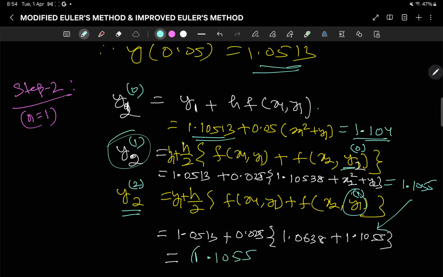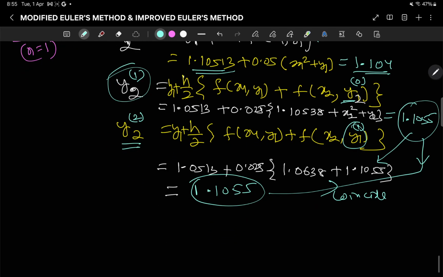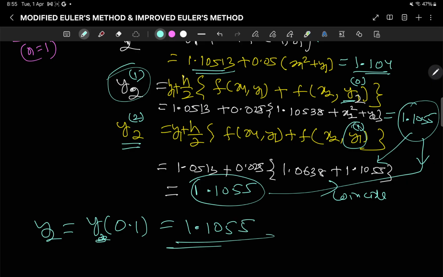You see, since the answers at two consecutive steps coincide, we stop here. Therefore y2 is equal to y of 0.1, which is 1.1055.